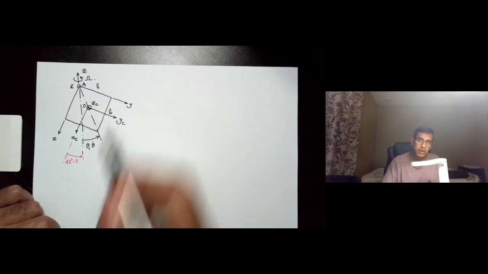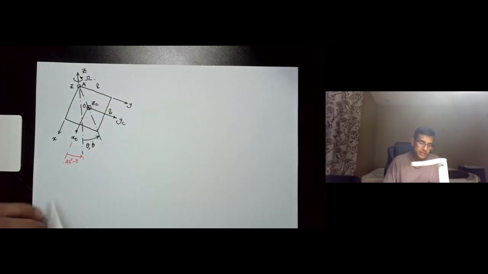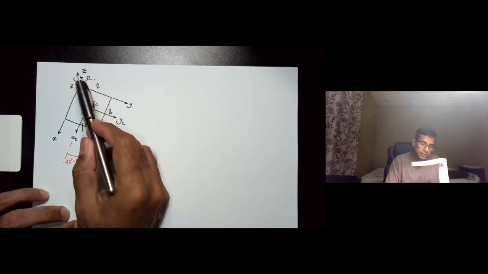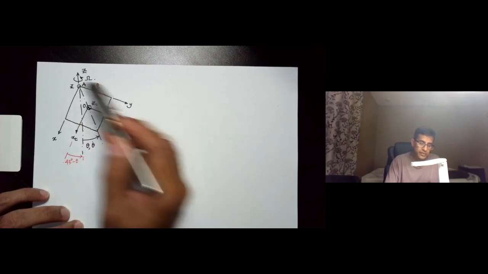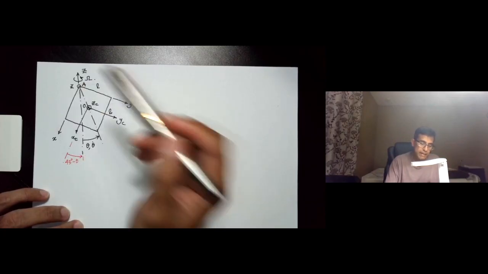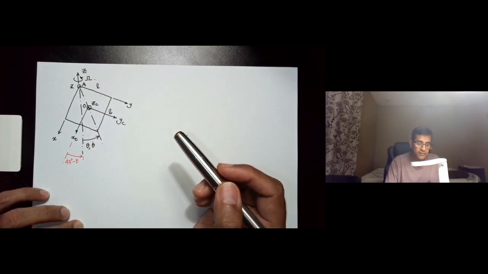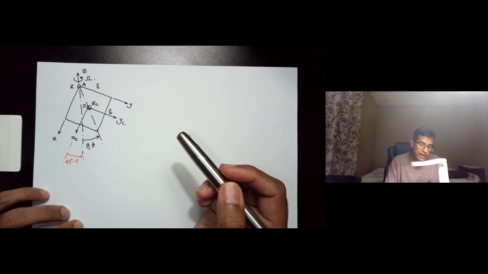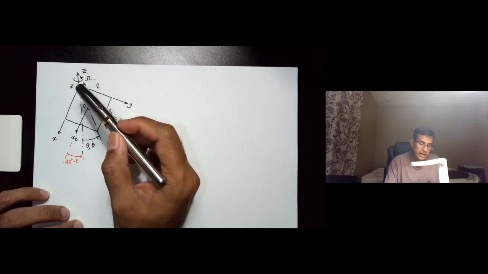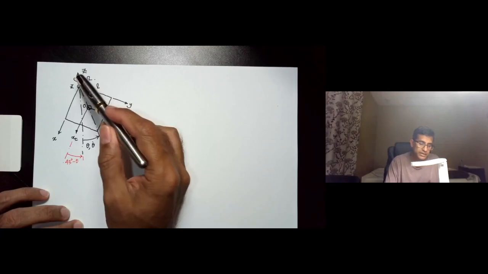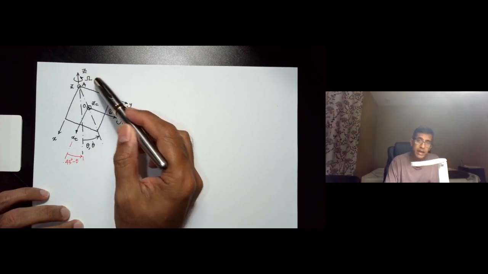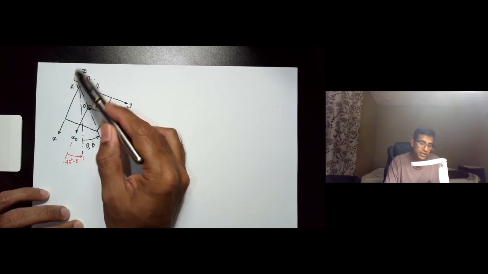So just to give you an overview of this system, here is a square flat plate, the sides are of length L, and this corner A is fixed. This flat plate is being rotated by an angular velocity capital Omega about the inertial z-axis.